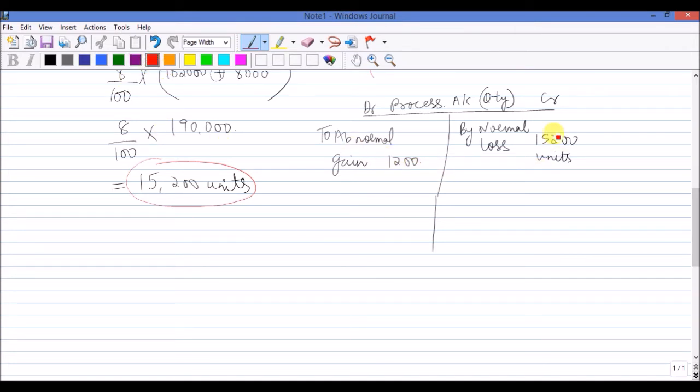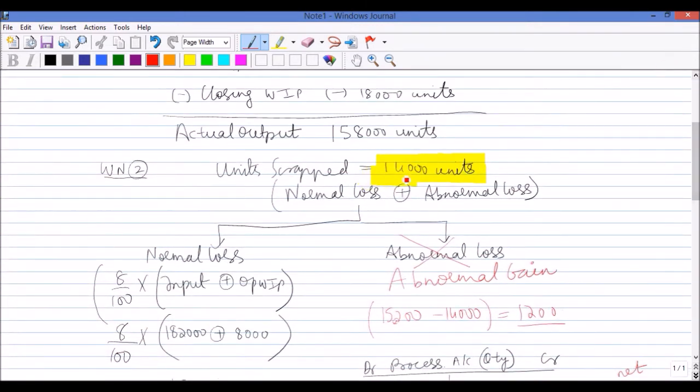So 15,200 minus 1,200 is equal to 14,000 units, which is the net scrap given to you in the question.